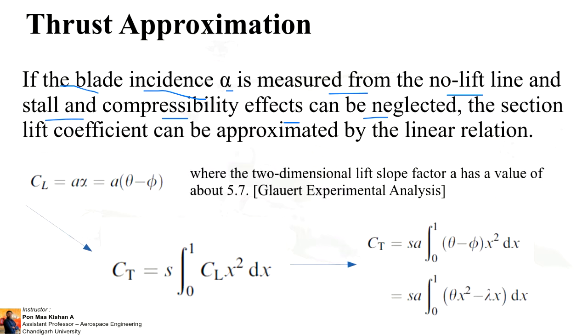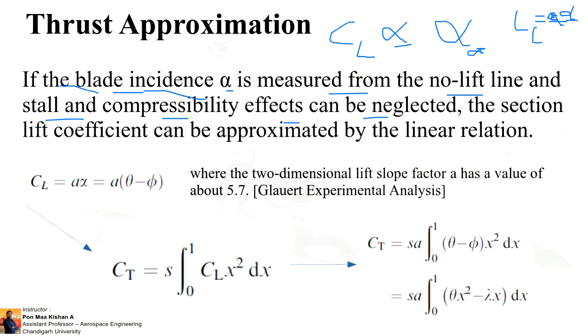CL will be directly proportional to alpha. For understanding, I am marking infinity so that the difference will be known. So in order to make the proportional constant, A alpha, where alpha is the angle of incidence or blade incidence, and A is the slope factor.